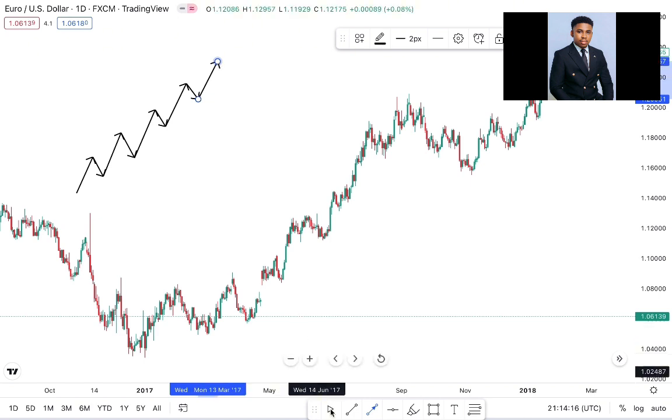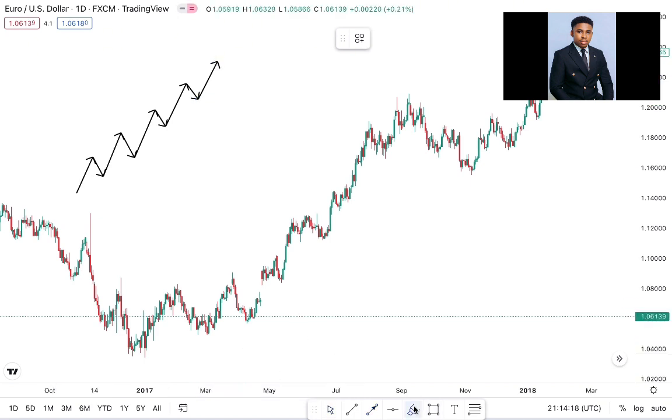Okay, so this is exactly what an uptrend looks like, and you can remember this is a high, this is a low, this is a higher high, this is a higher low, another higher high, another higher low, another higher high, another higher low, and the last higher high. So it keeps going up like this until the trend decides to change, either into a consolidation or into a downtrend, and I'm going to show you all of that on the live chart here.